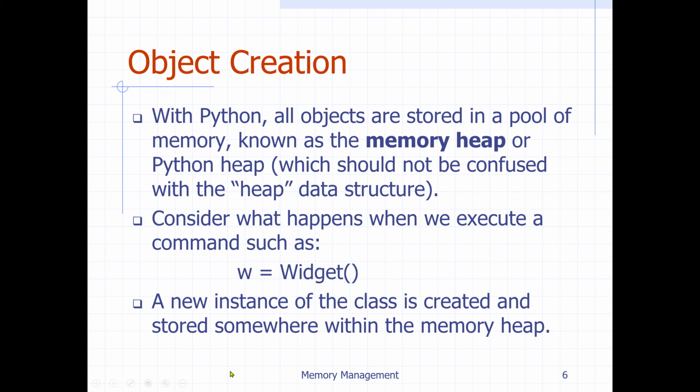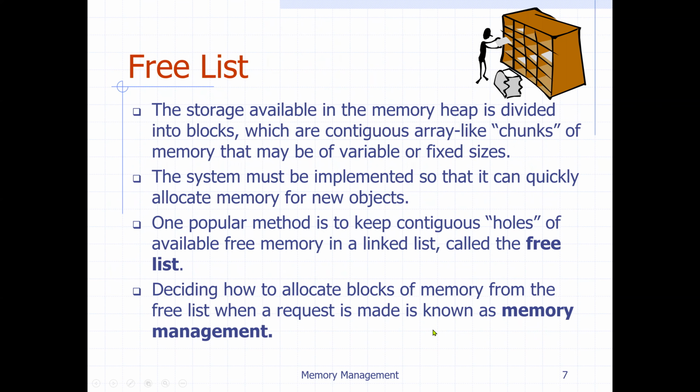Now consider what happens when we execute a command such as assigning a widget method or function to w. A new instance of the class is created and stored somewhere within the memory heap. Again, this process is done by the operating system.